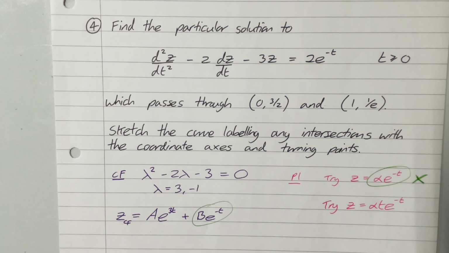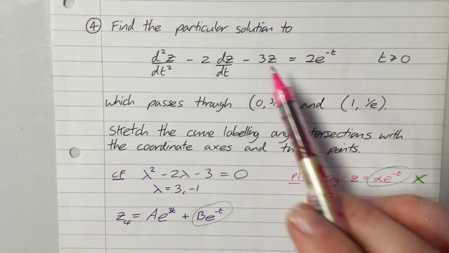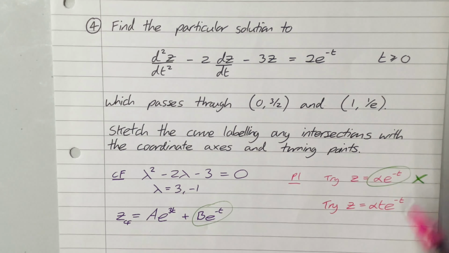Okay, I need to take this trial form of my particular integral and run it through my differential equation, which means I need the first and second derivatives of it. So I'm going to get z dot is equal to alpha into the differential of this, which is just the 1, and then the differential of this, which is minus t.